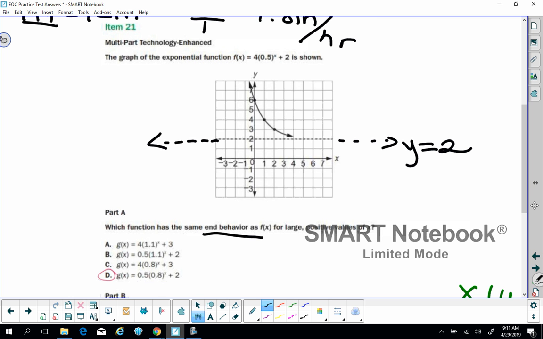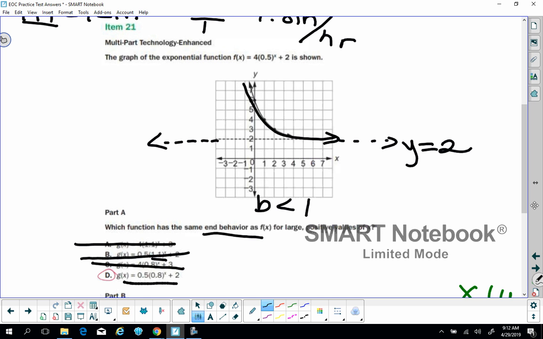So I know that's also the end of my equation, so I know I can cross out C and A. Then I need to figure out, does this equation represent growth or decay? I can see it's decay because it's going down, which means the b has got to be less than 1. So 1.1, that's my b, that means growth, so it couldn't be that one, which means this one is decay because 0.8 is smaller than 1.